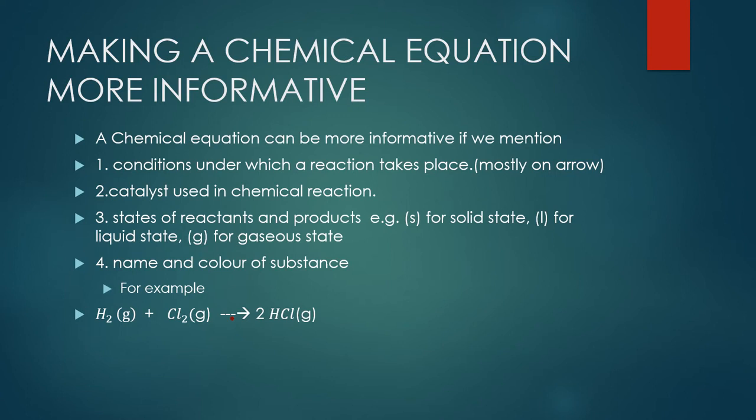For example, if we want to show the solid state, that will be shown with a small s letter within round braces. If we want to show the liquid state, that will be shown with a small l letter within round braces. And if you want to show the gaseous state, it will be shown by a small g letter within round braces. Then the name and the color of substances can also be mentioned in your chemical equation.